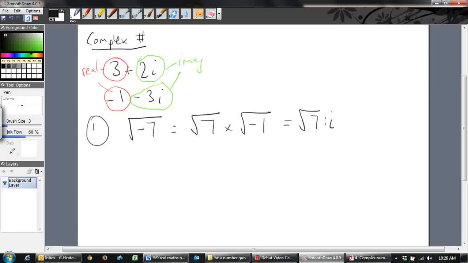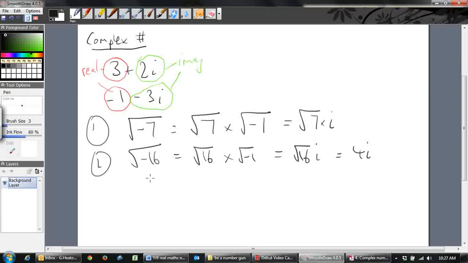So that's just equal to the square root of 7 times i, but we don't bother writing the times. Similarly, what would the square root of -16 be? That's the square root of 16 times the square root of -1, and the square root of 16 is 4, so that's just 4i.